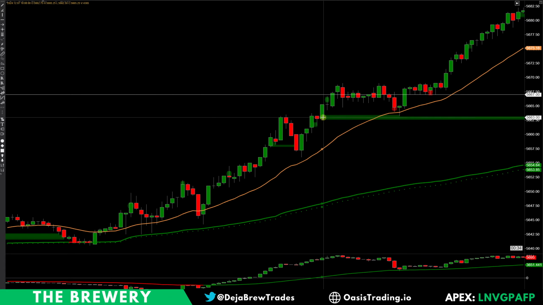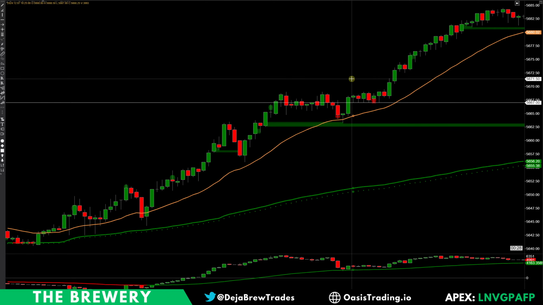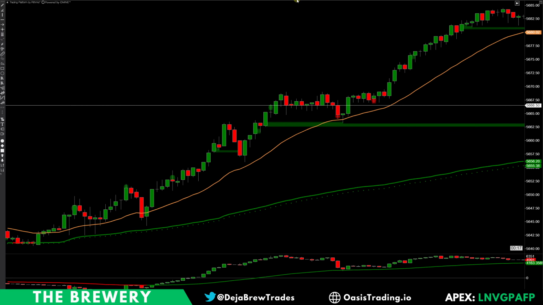So if you see this imbalance right here and you see this retest, if it retests that level and starts to wick immediately off of that level, it is showing you that price does in fact reject that level. And don't let me confuse you with the word reject. Reject is not inherently a bearish thing. It means that price does not want to trade consistently on that level. It wants to trade away from that level.